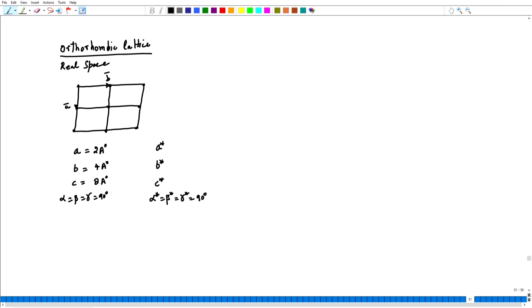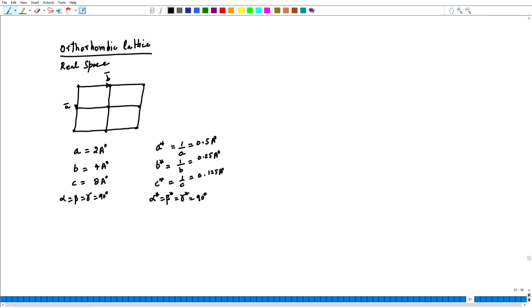Now, sketching out the reciprocal lattice, what should A star be first? Since all angles are 90 degrees, it would be 1 upon A, which gives 0.5 angstrom inverse. B star would be 1 upon B, and B is 4, so that gives 0.25 angstrom inverse, and C star is 1 upon C, which is 0.125 angstrom inverse.